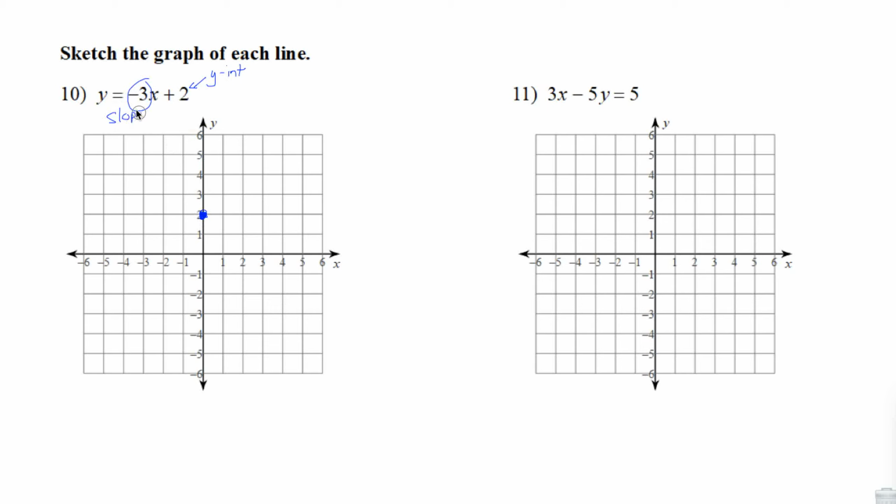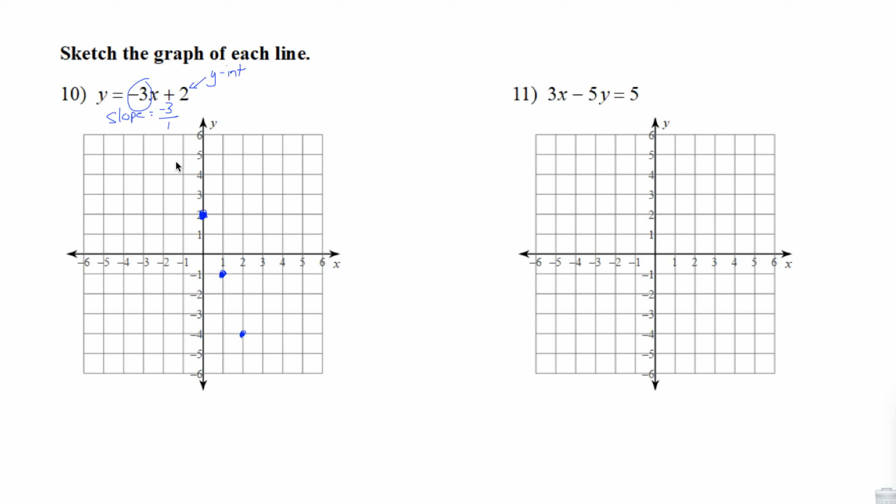Oftentimes we want to think of our slope as a fraction, so we can work with that rise over run that we were mentioning. So -3/1, which means that our rise is -3. From our point, we go down 3, and then our run is 1. We can do that a couple different times. Down 3, right 1.